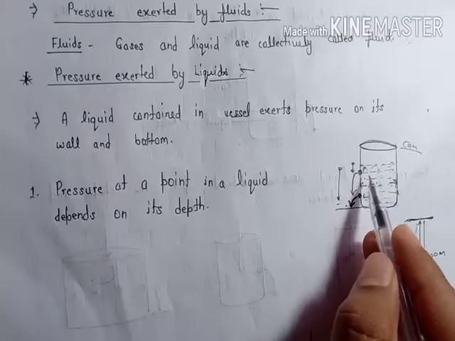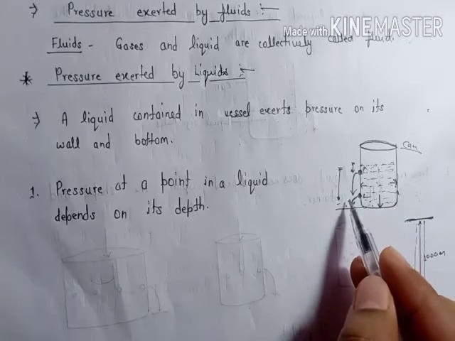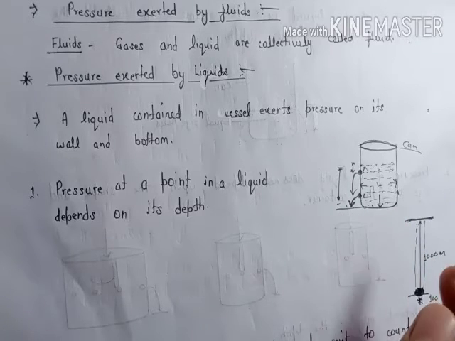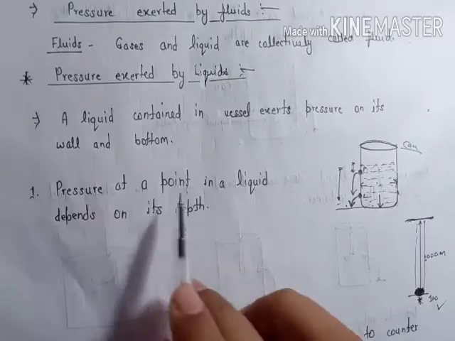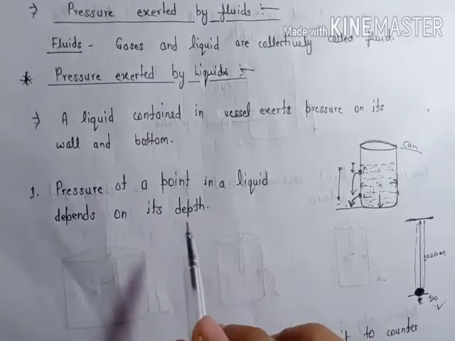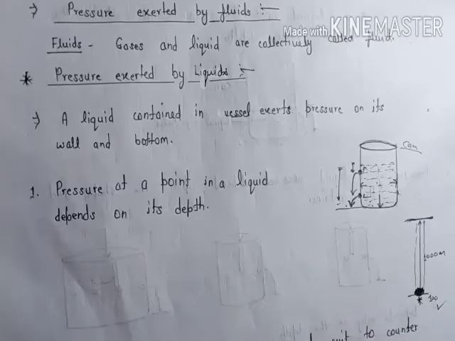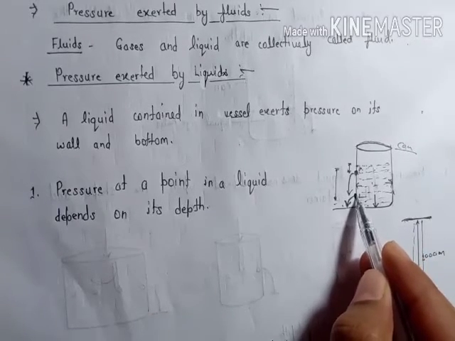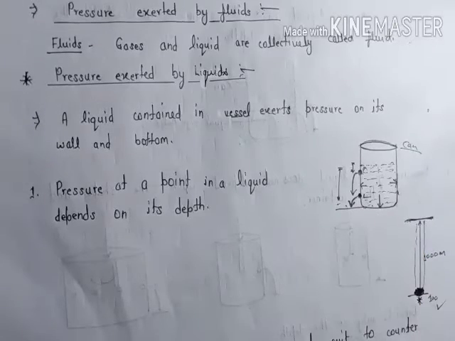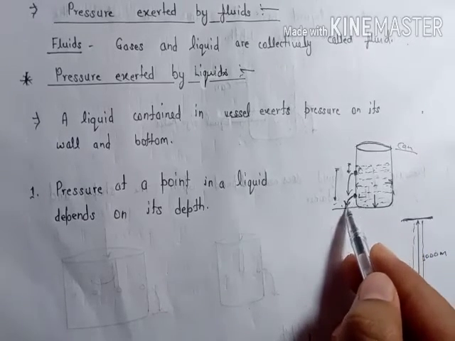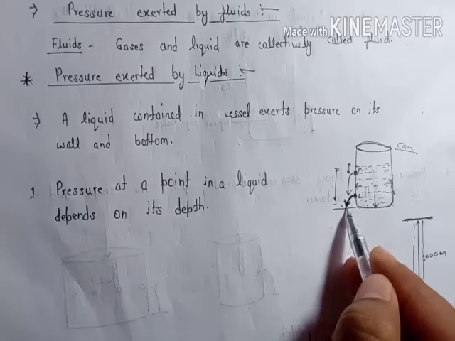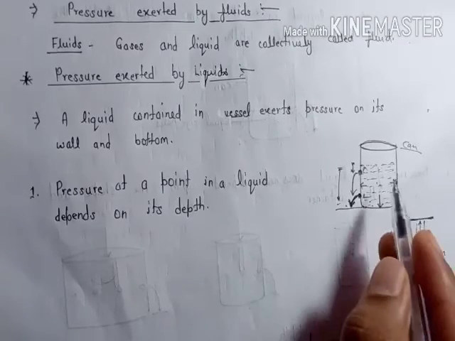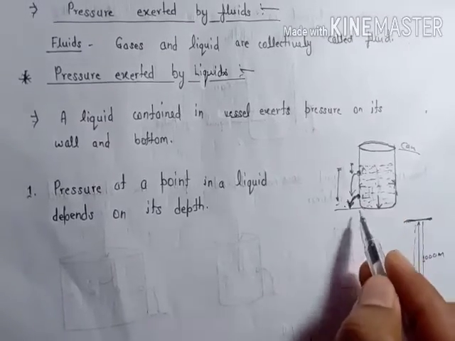It means that when you increase the depth, more pressure is applied. So the pressure at a point in a liquid depends on its depth. That can be observed here because if the depth is higher, then the pressure is higher, and the displacement of water flow is also higher, displacement from this boundary to this place.